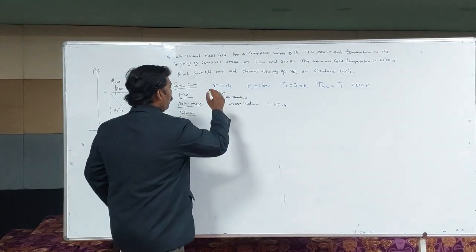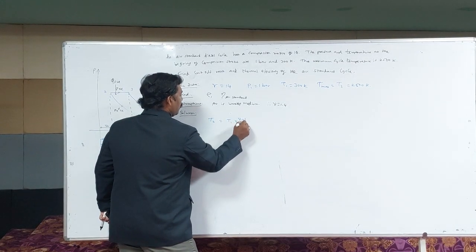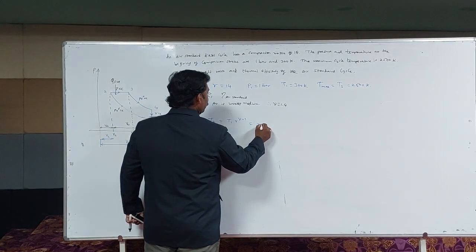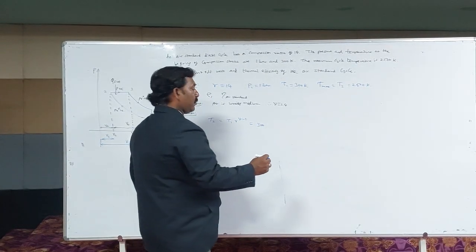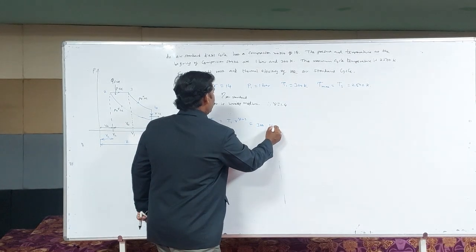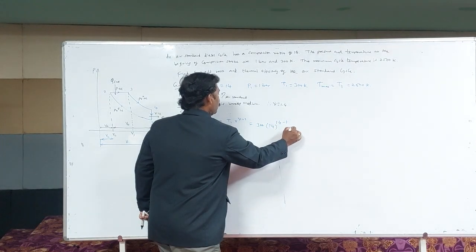I'll start with the solution. We know T1 and we know r, therefore we can find T2 is equal to T1 into r power gamma minus 1. So, T1 is 300 and r is 14, for gamma 1.4 minus 1.